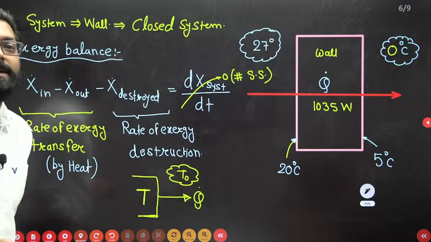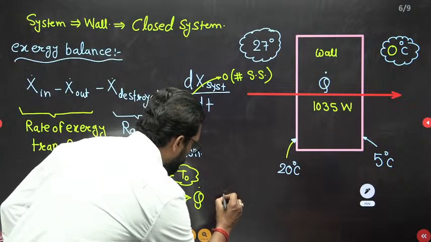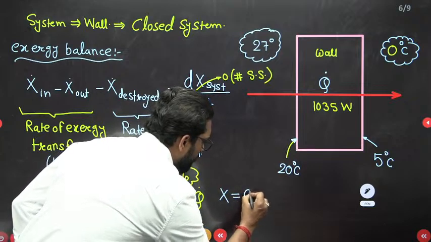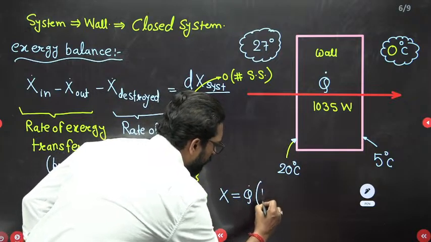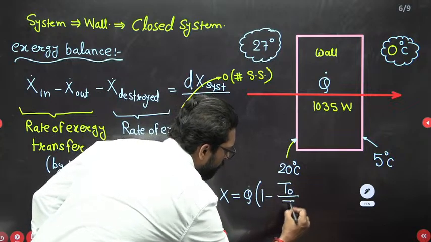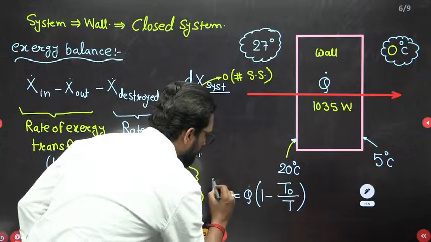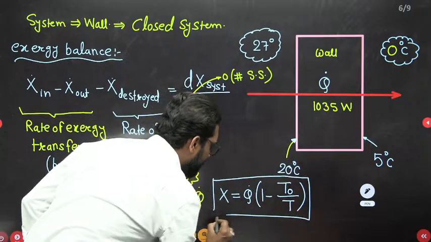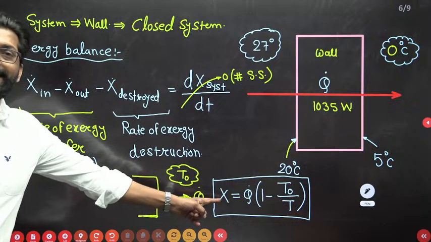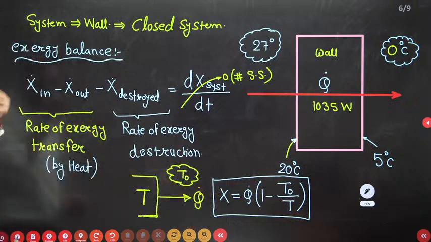That means what is the availability? The exergy transfer due to the heat is equal to the heat transfer Q into 1 minus surrounding temperature divided by system boundary temperature T. This is your exergy transfer by the heat. This is a formula.